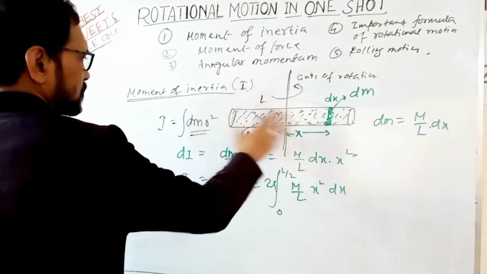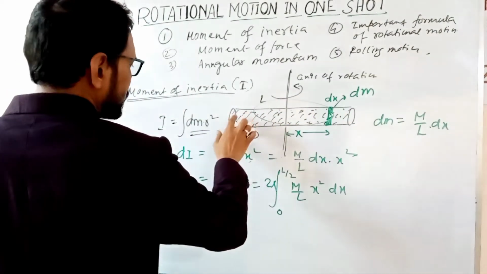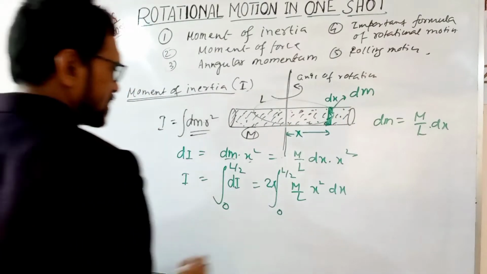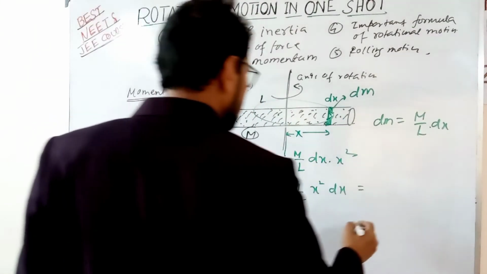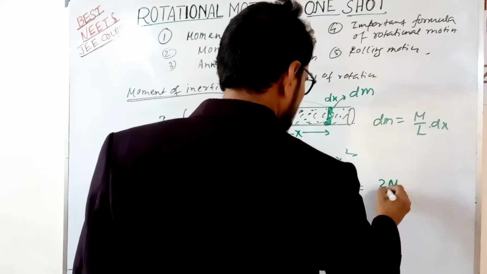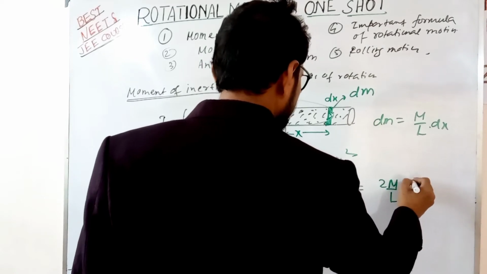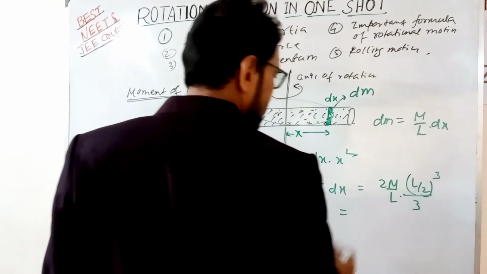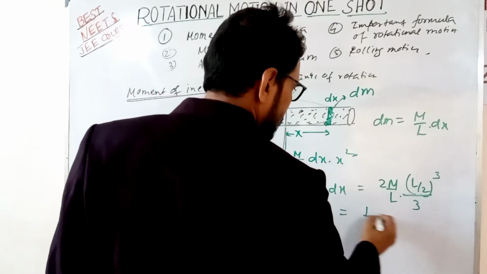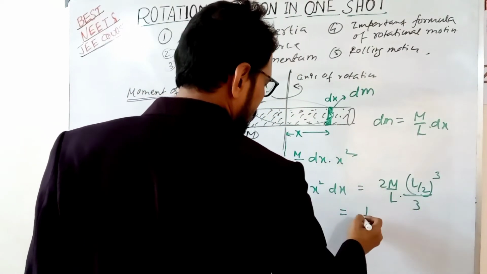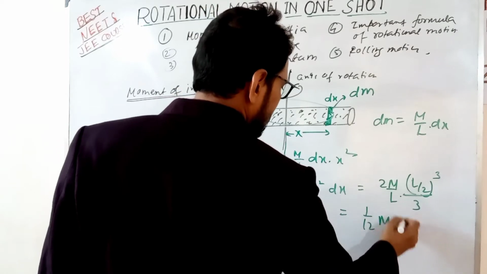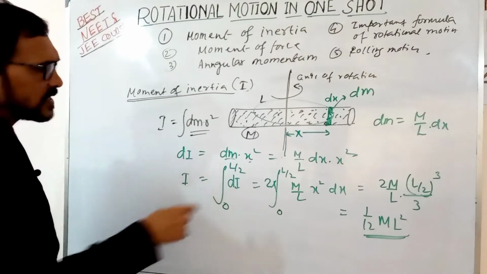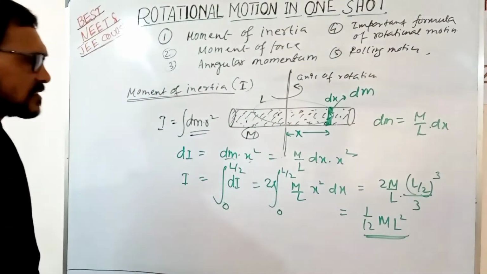Also we can integrate from minus L by 2 to plus L by 2. Now if we calculate this, x cube by 3, that is, L by 2 whole cube by 3, we get 1 by 12 m L square. So this way we can find the moment of inertia of any distributed mass.